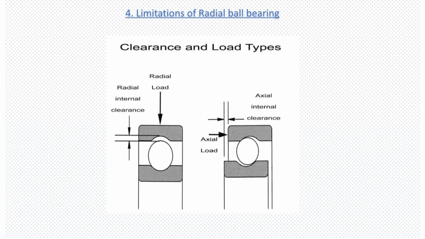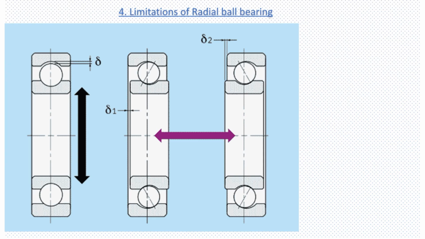For those purposes there are special bearings which we can see in the upcoming topics. So what we need to understand is that simple radial ball bearings are not suitable for precision applications, like in machine tools, ball screw assemblies, spindle assemblies, those kinds of precision applications.